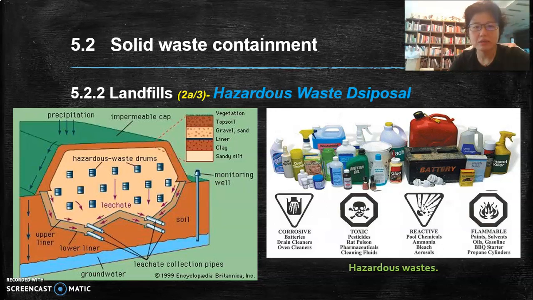So you put it in containers and they dump it underground. Usually these are very, very carefully designed and done. You can see impermeable caps, so water runoff, rainwater cannot be entering it. And you have monitoring wells, you have leachate collection and all. These are the toxic waste that you can find in these kinds of special landfills.